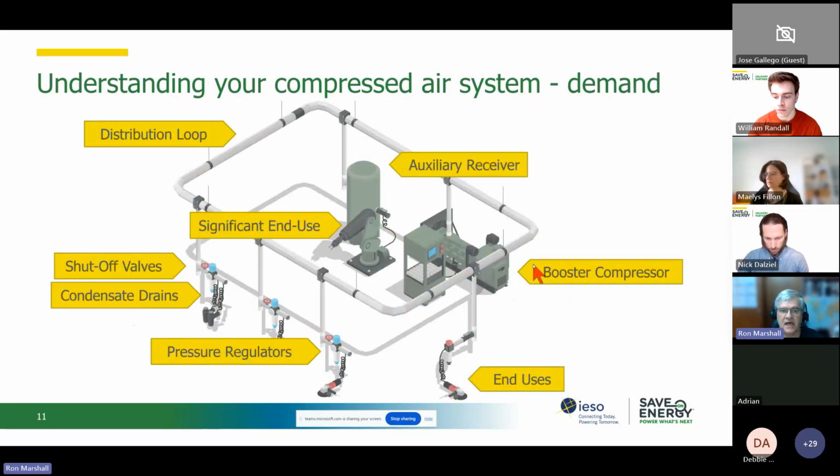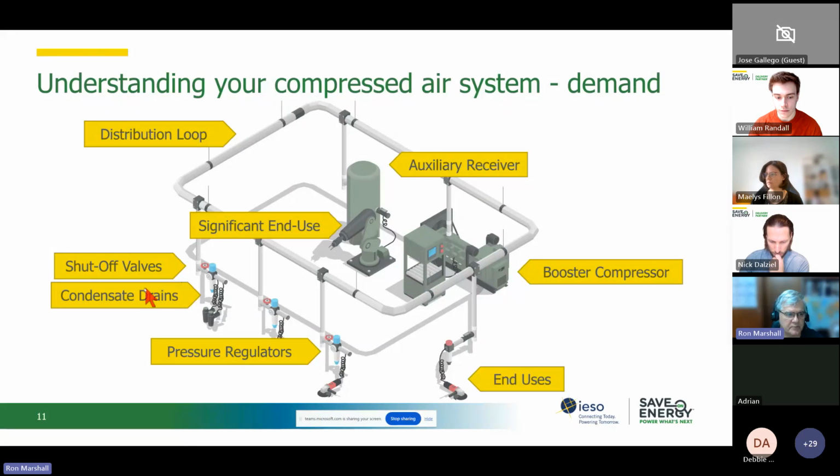On the demand side, right, we might have a piping distribution system. It could be way more complex than this. This is a really good loop system, right? We've got some significant end users. It looks like maybe that end use might be pressure critical, right? It's a complex piece of equipment, right?